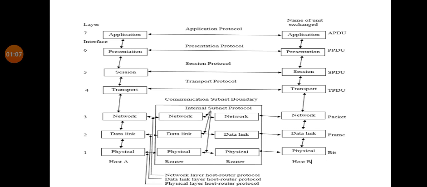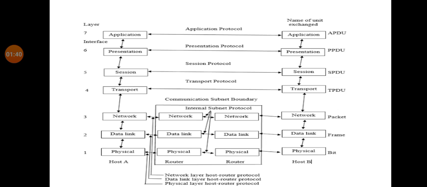So let's start with the first layer, that is the physical layer. What are the functions of the physical layer? The first function is that it is responsible for physical connection. Whenever we want to transfer data from host A to host B, before starting transmission of data, host A and host B must be interconnected with each other.